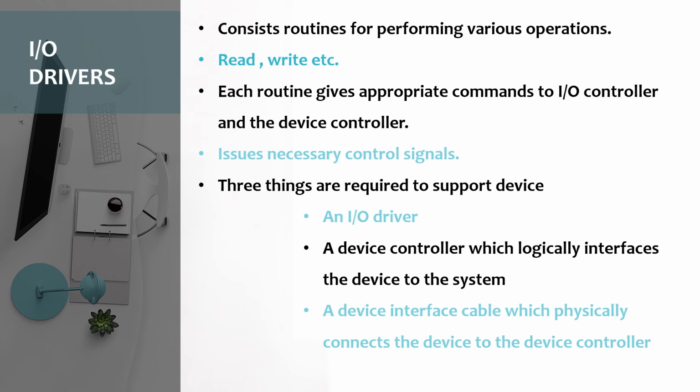We know the job of the device controller is to allow the device driver and your pen drive or peripheral device to communicate with the operating system. And the third is a device interface cable, which physically connects the device to the device controller.